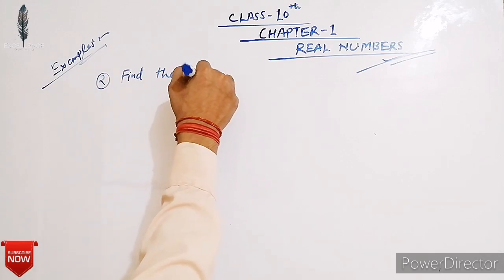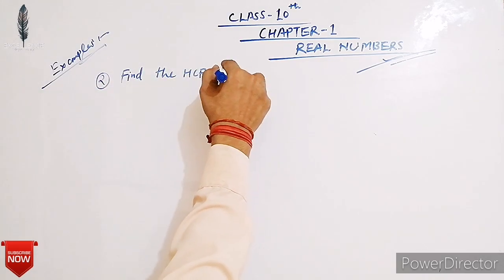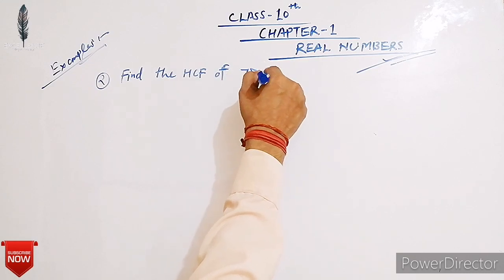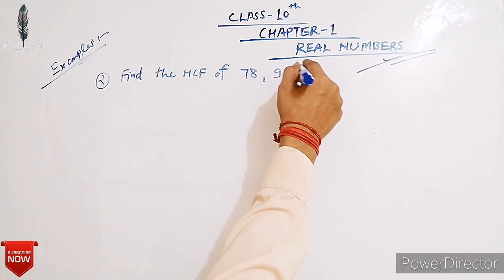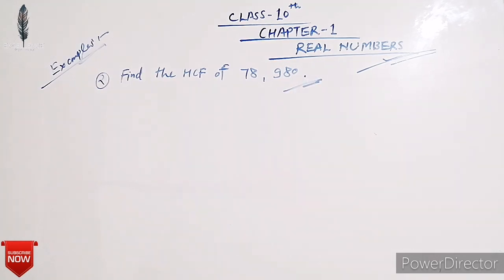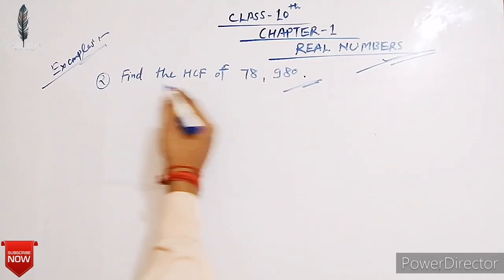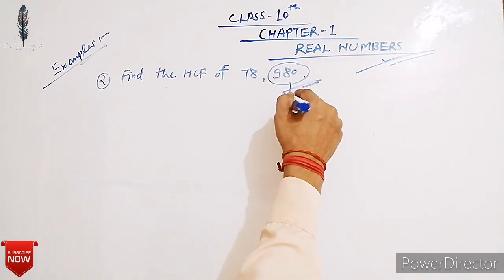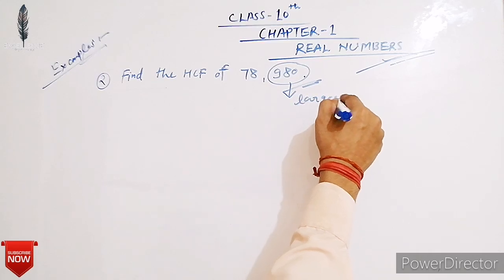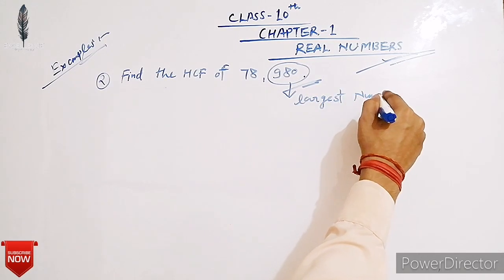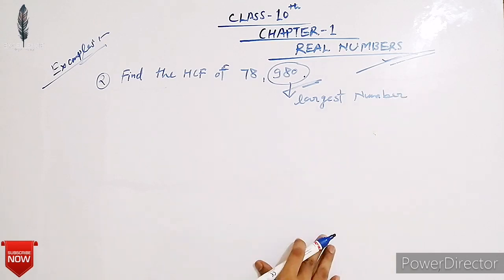Find the HCF of 78 and 980. Okay. So first choose the largest number. Here 980 is largest.